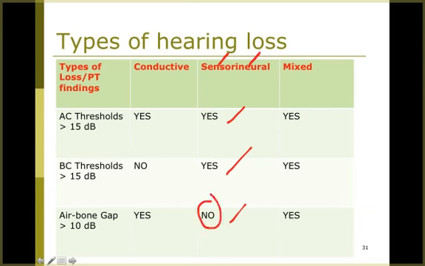Okay. In a mixed hearing loss, it's a combination of both. So there's a problem somewhere in the conductive system, along with a problem in the cochlea or auditory nerve.